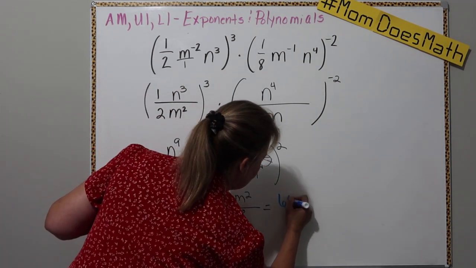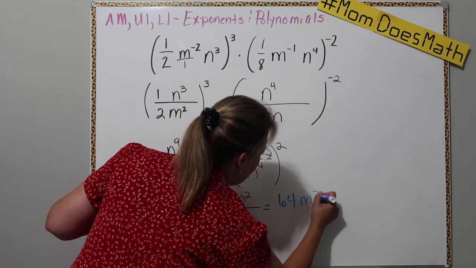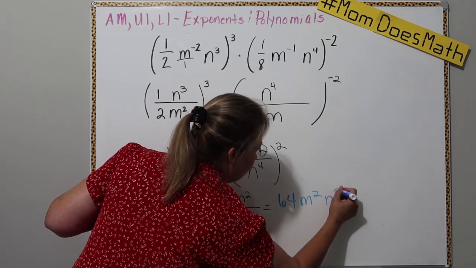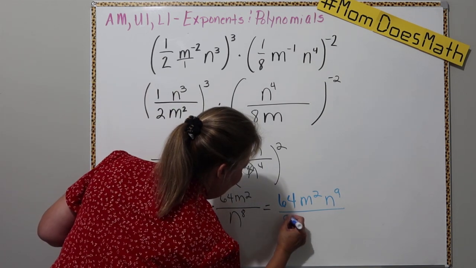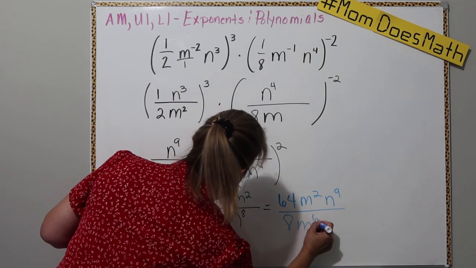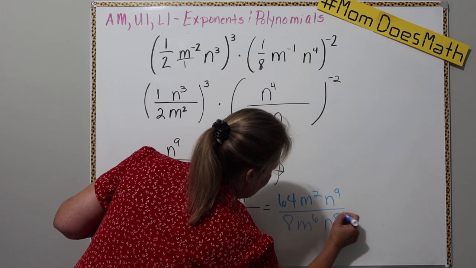So let's do 64m squared n to the 9th over 8m to the 6th n to the 8th.